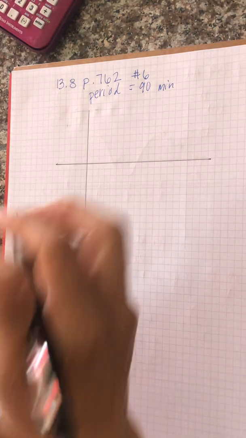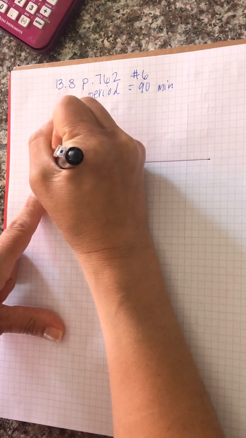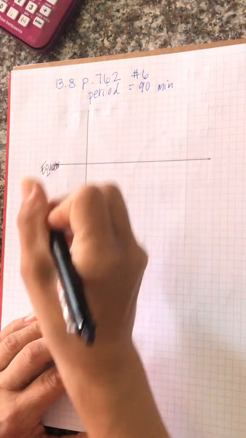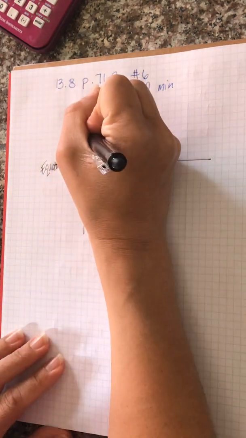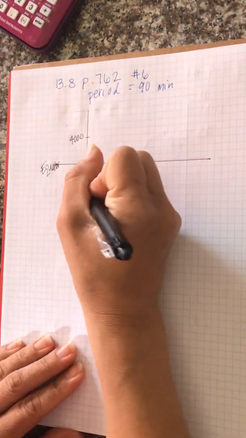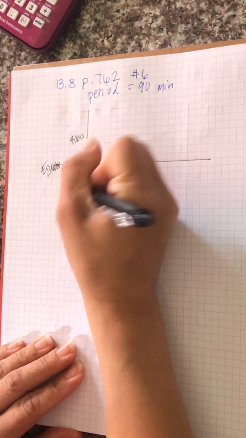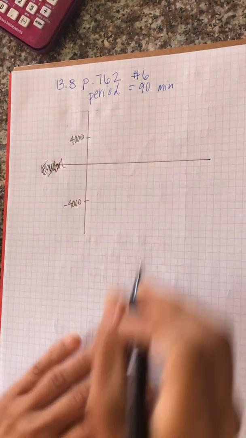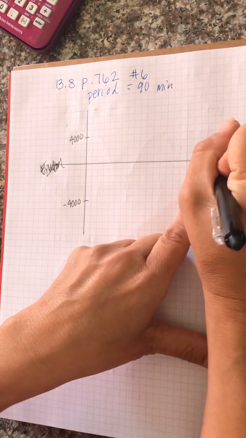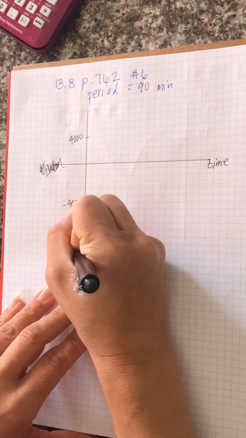Alrighty, so here's my equator. We're going to say 4,000 kilometers above, and 4,000 kilometers below. And this is not the equator, Miss Babiak. This is time, and this is height in kilometers.